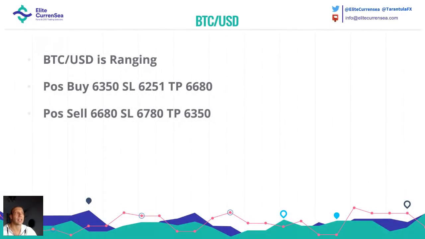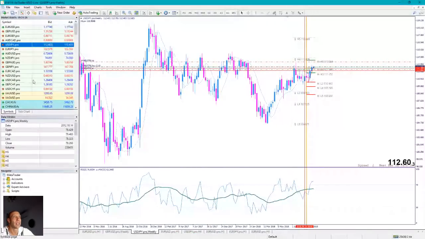And the BTC 6350, 6251 is a stop loss, or 6250, 100 pip stop loss. TP 6680, then a positional sell 6680, stop loss 6780, TP 6350, and the BTC is here. Then I will roll the slides, guys, and if you have any questions, you can ask me.